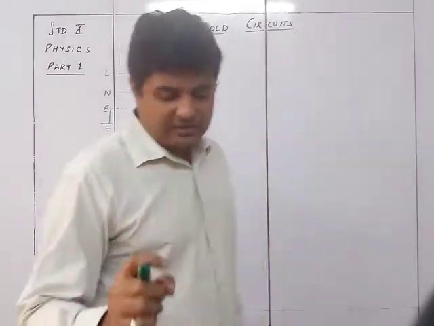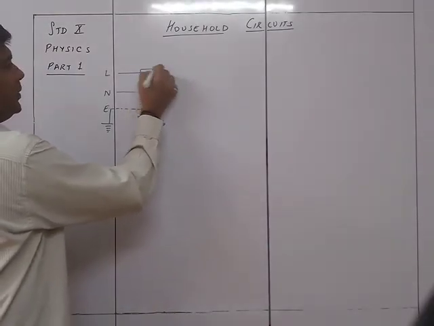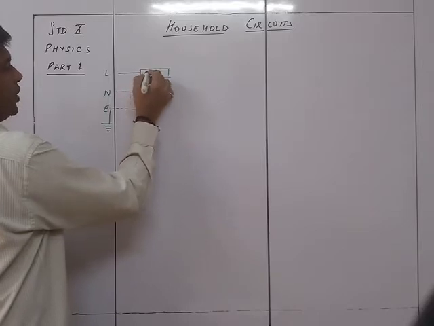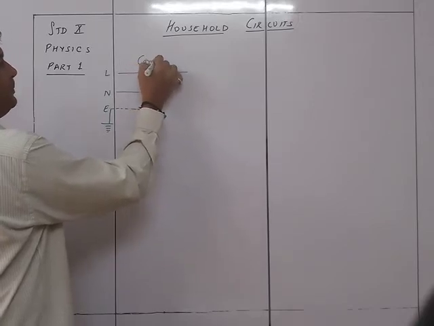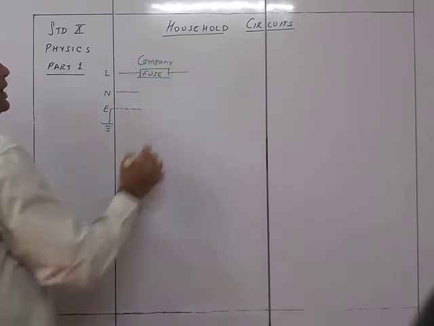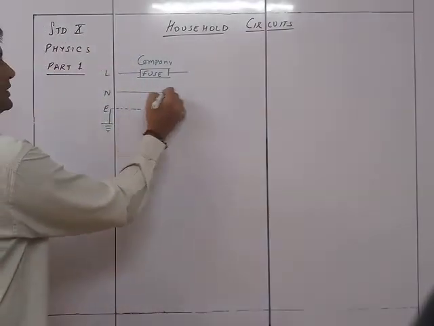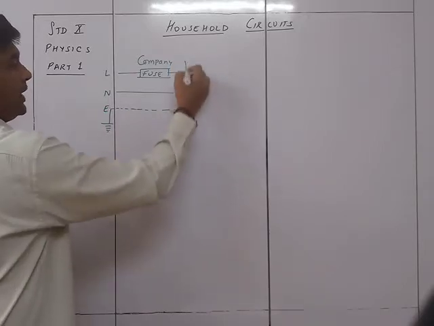Now these three wires are going to come over here to the cable, and then there will be a fuse over here. This fuse is called the company fuse. A company fuse is the one which is operated only by the company which supplies the electricity to your house.